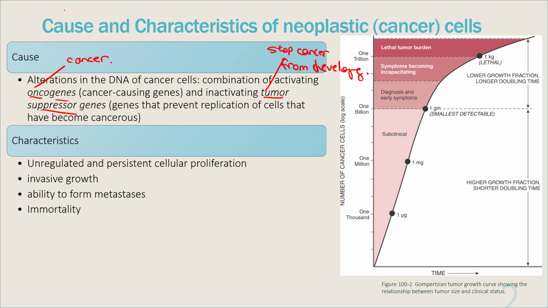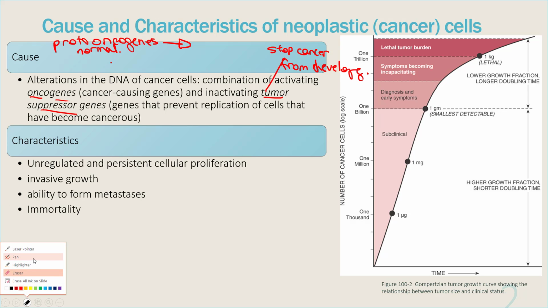and oncogenes are actually a mutation of normal genes called proto-oncogenes. So proto-oncogenes are normal, whereas oncogenes are the ones that help to mutate the cell in order to increase the likelihood of cancer forming.